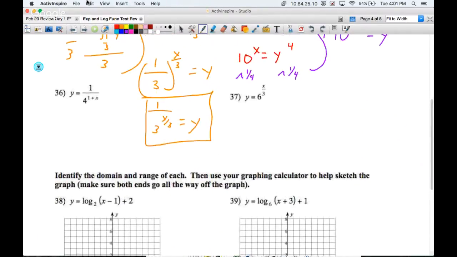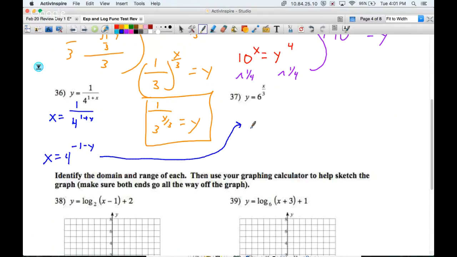Let's see, 36, looking a little bit challenging. X equals 1 over 4 to the 1 plus y. I'm going to make this x equals 4 to the negative 1 minus y. I flip the signs, I can bring it back up to the numerator.